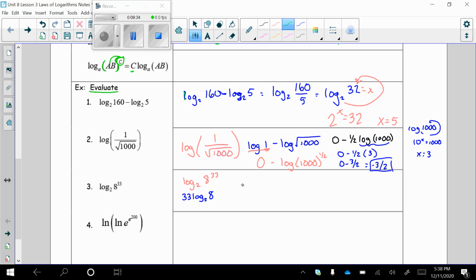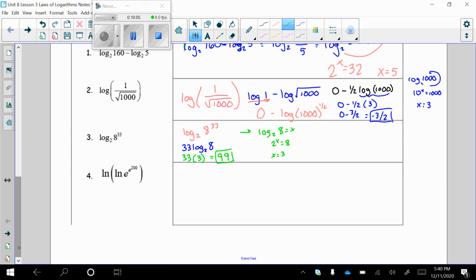Then, out to the side here, if we set log base 2 of 8 equal to x, 2 to what power is 8? So x equals 3. That means this is 33 times 3, which is 99.